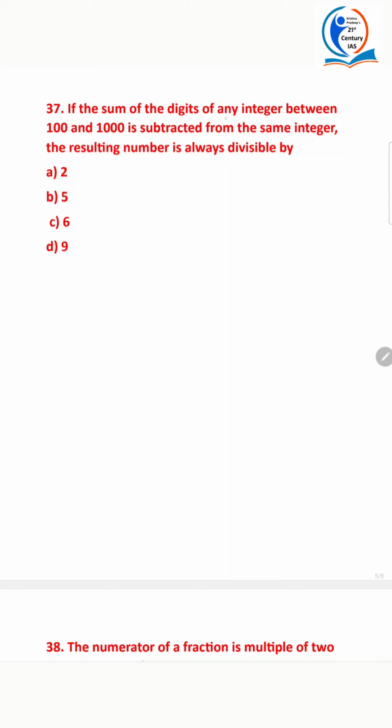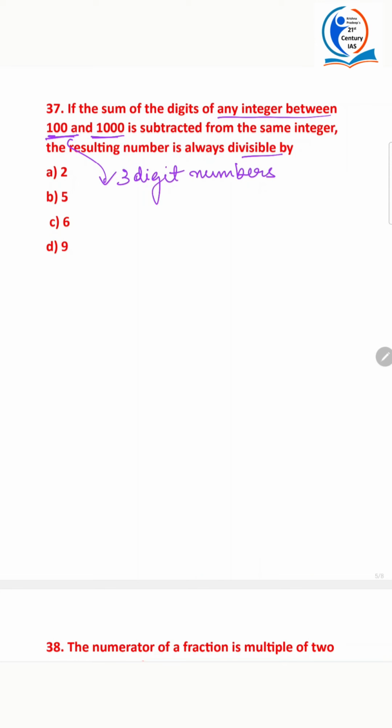If the sum of the digits of any integer between 100 and 1000 is subtracted from the same integer, the resulting number is always divisible by. Okay, the sum of the digits of any integer between 100 and 1000 means what? They are 3-digit numbers. This is the other way of saying them.